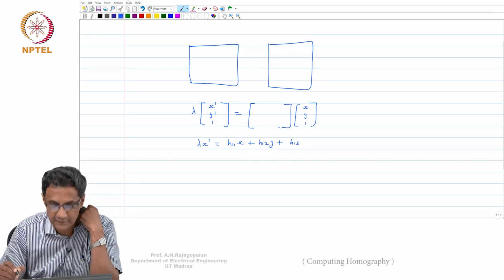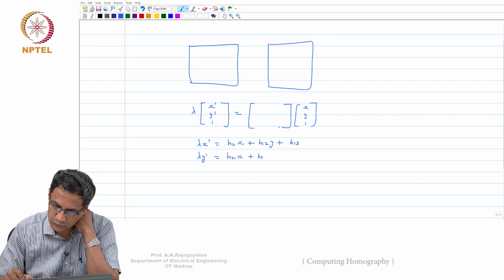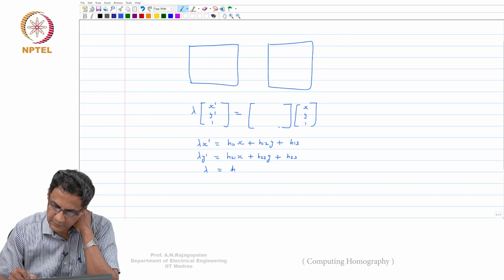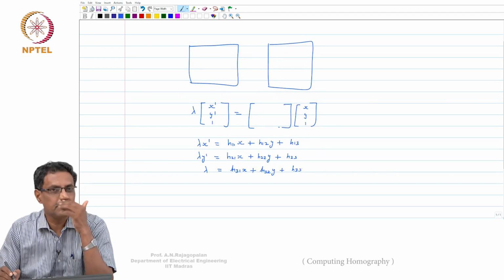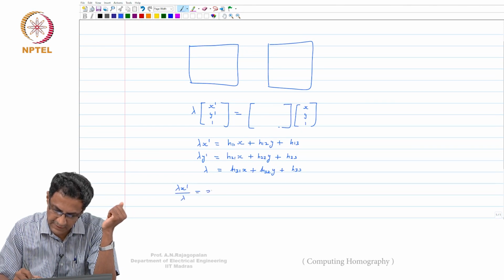Then lambda y dash is equal to h21 x plus h22 y plus h23, and finally you have lambda is equal to h31 x plus h32 y plus h33. Which then means that I can do lambda x dash by lambda, which will give me my x dash.